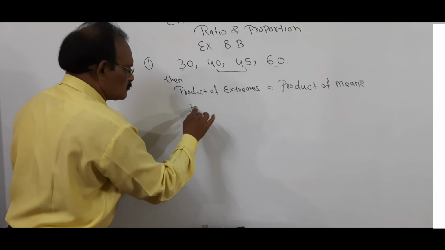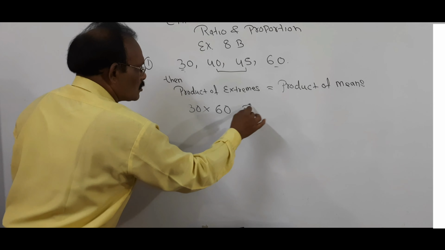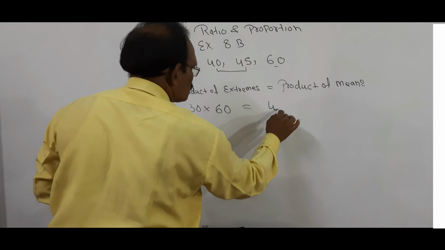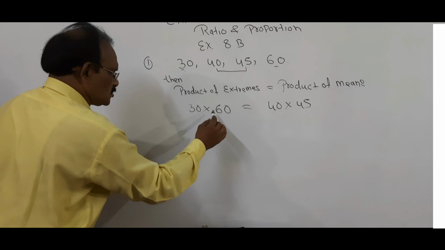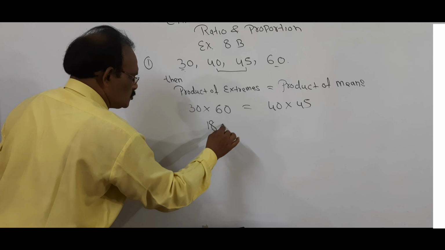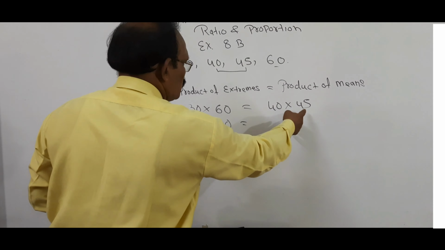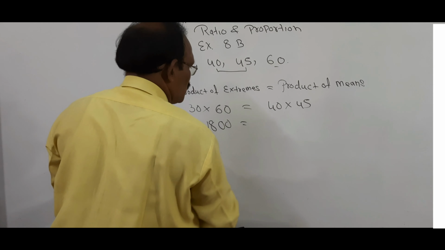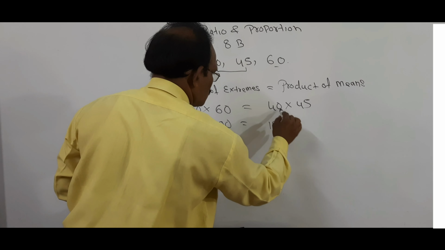So 30 into 60 is equal to 40 into 45. 6 threes are 18, and 2 zeros. Here, 45 into 4 is 180, and one zero is left.